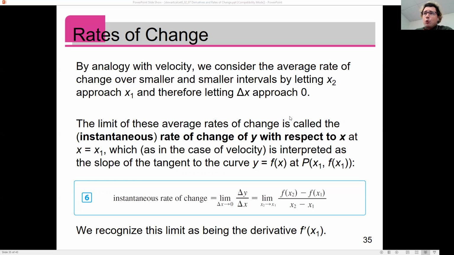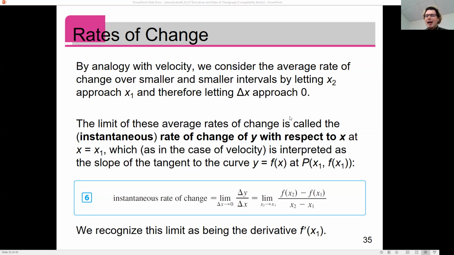So what the derivative is measuring for any function is the instantaneous rate of change in the variable y relative to change in the independent variable x. So whatever our application is, if I'm measuring the instantaneous change in position, we usually call that velocity.